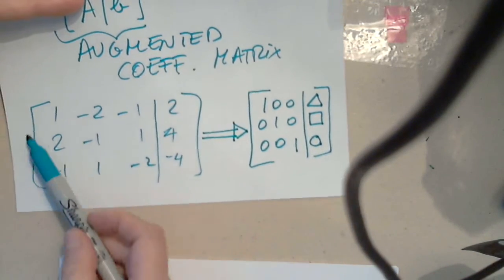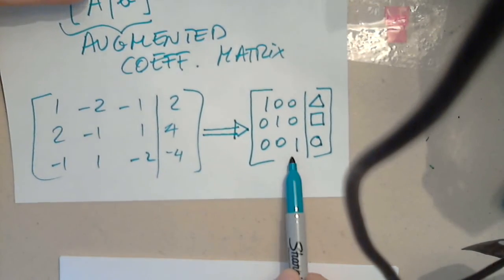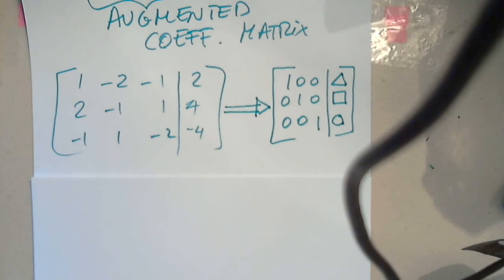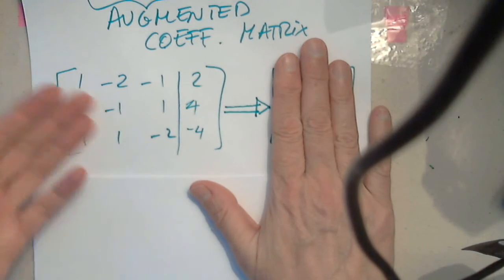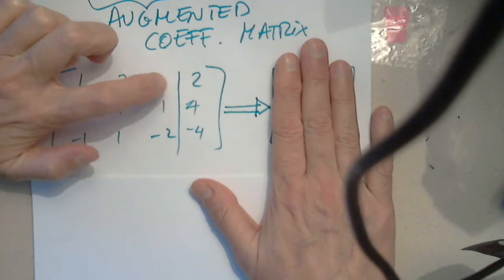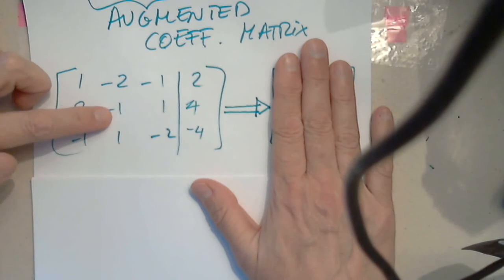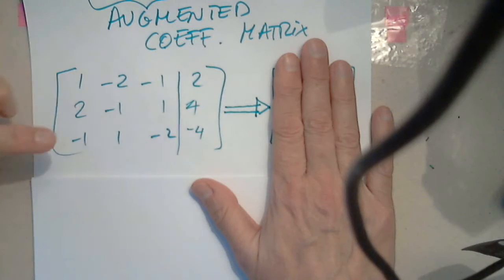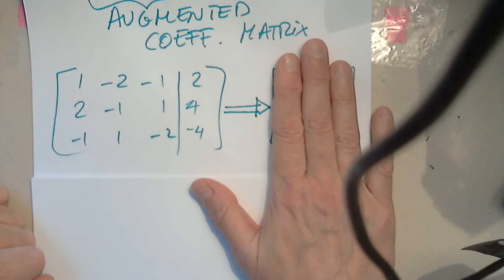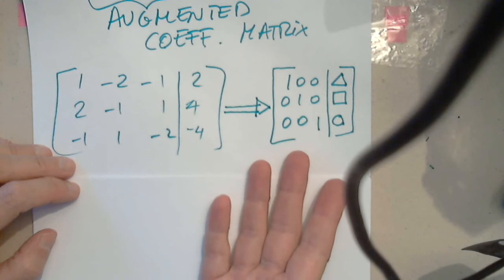So if I manage to change this into this, what conclusion do you draw? Before you answer, let me say one more thing. Can I go back to the system from here? Of course I can. x minus 2y minus z equals 2. 2x minus y plus z equals 4. Negative x plus y minus 2z equals -4. What does this mean?